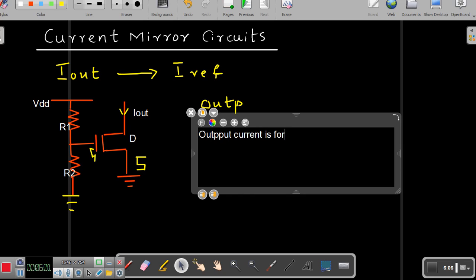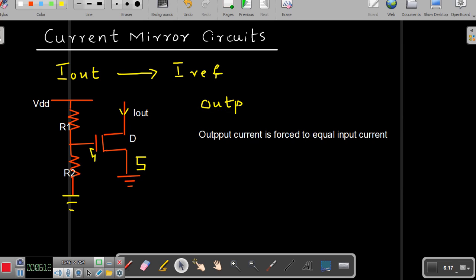This is what we mean by the current mirror circuit.